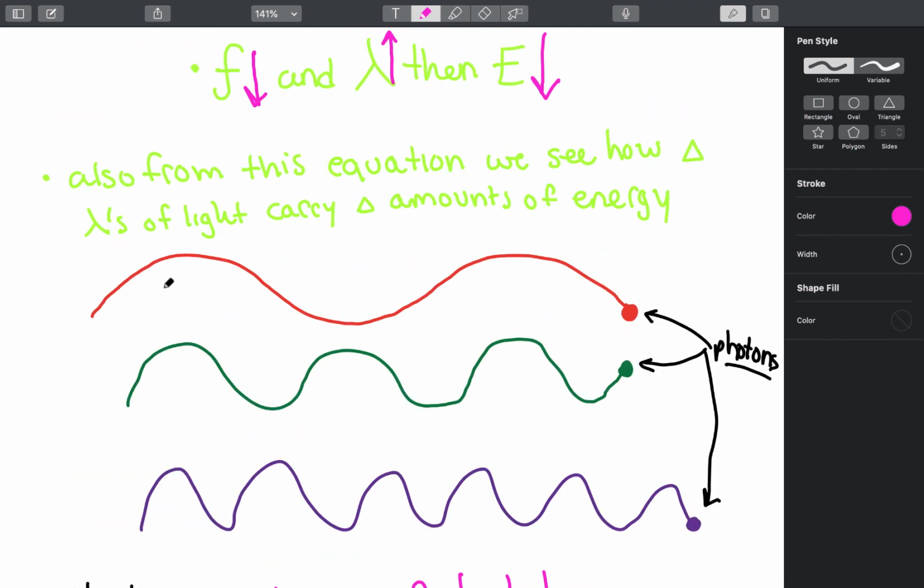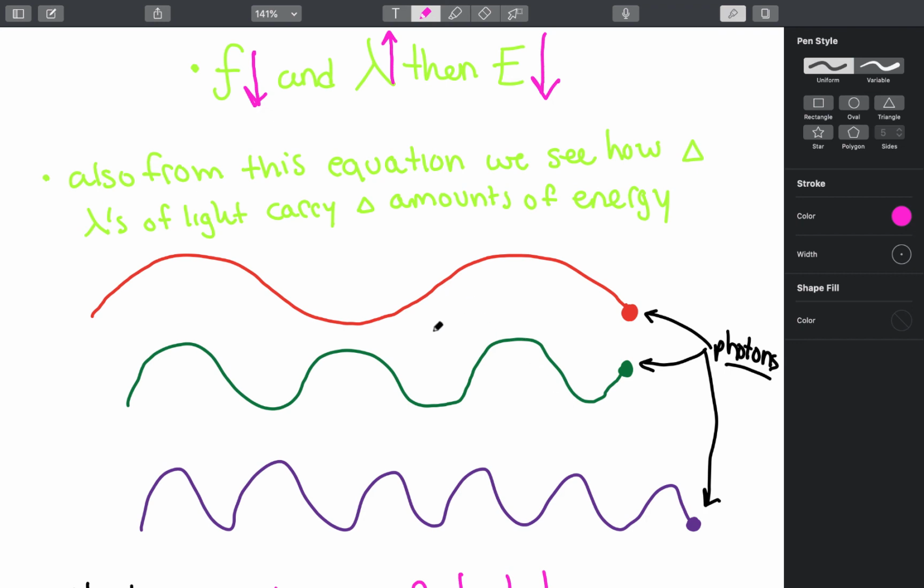So remember that there are many different wavelengths of light, and here I have 3 different wavelengths of light, and each of these wavelengths is characterized by a photon of a different type of light. Here we have a photon associated with red light, here we have a photon associated with green light, and here we have a photon associated with purple light.